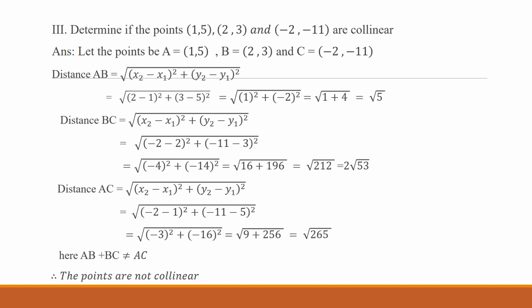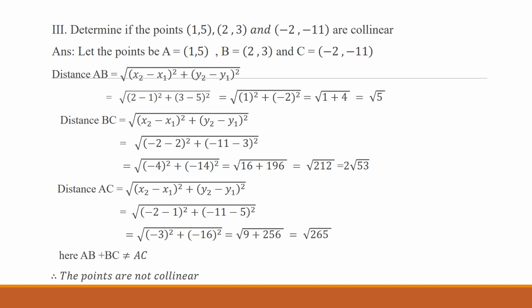Now taking the points B and C, the distance BC is equal to square root of (negative 2 minus 2) whole square plus (negative 11 minus 3) whole square, equal to square root of negative 4 square plus negative 14 square, which is root of 16 plus 196, equal to root of 212.